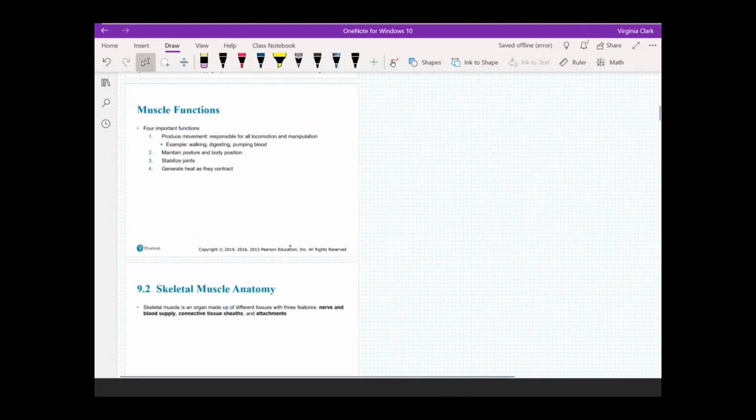The reason we need these characteristics is because of these important muscle functions. So some of the overarching, and you'll notice that these are not specific to skeletal muscle right now. This is going to be general muscles, and then we're going to go through skeletal muscles specifically.